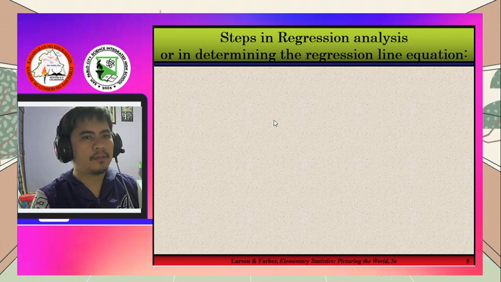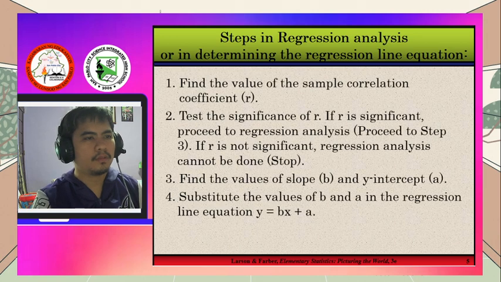Steps in regression analysis, or in determining the regression line equation. First, we need to find the value of the sample correlation coefficient, or the r value.